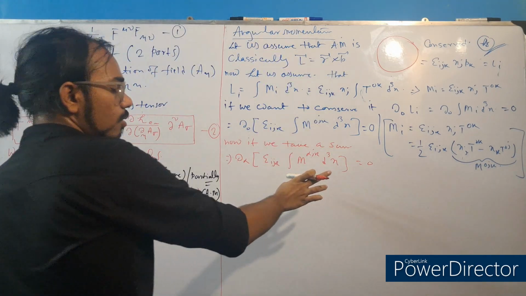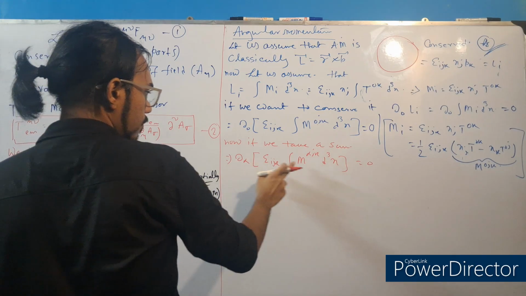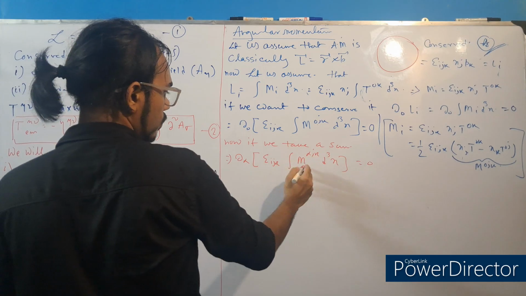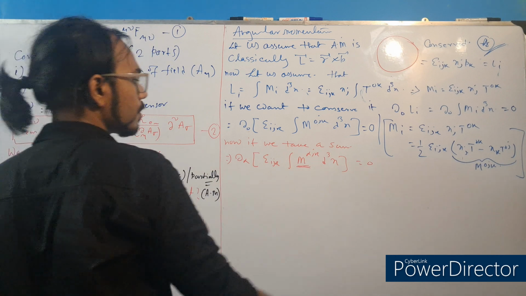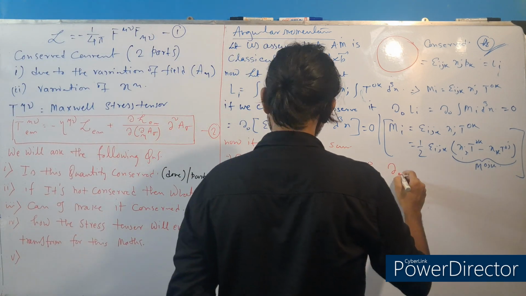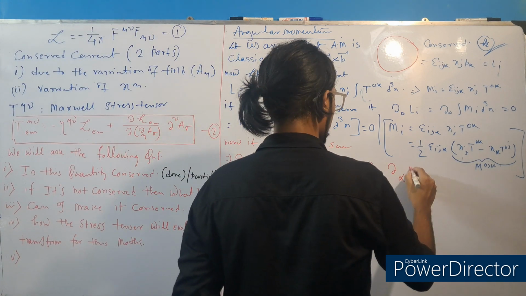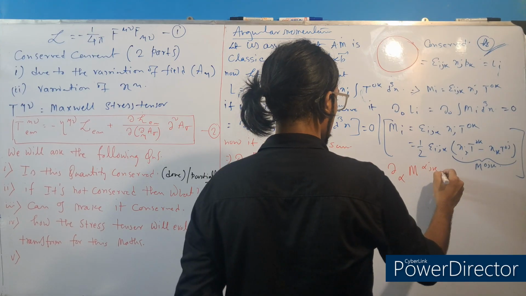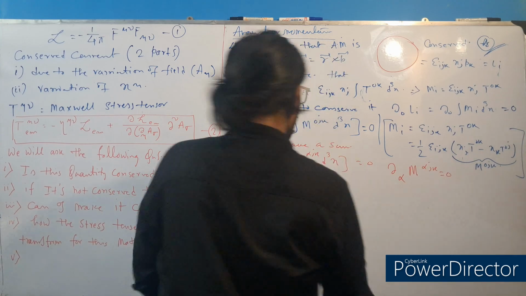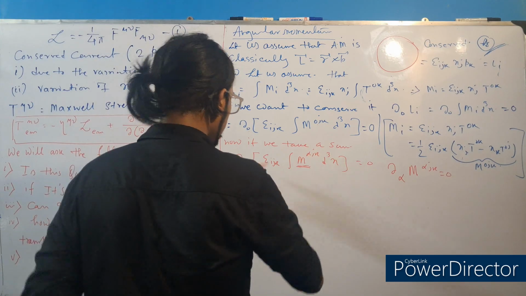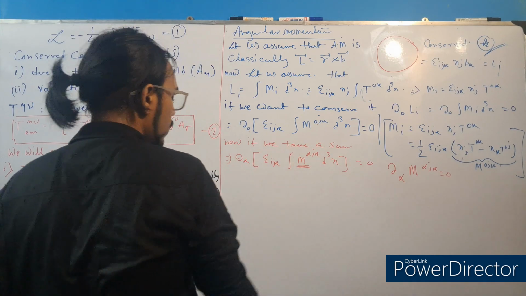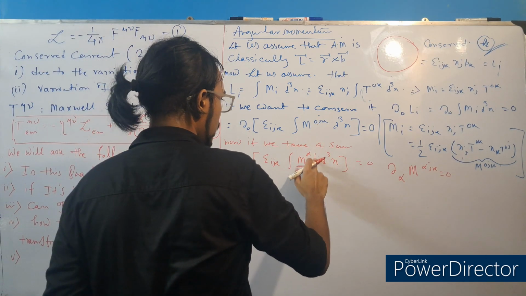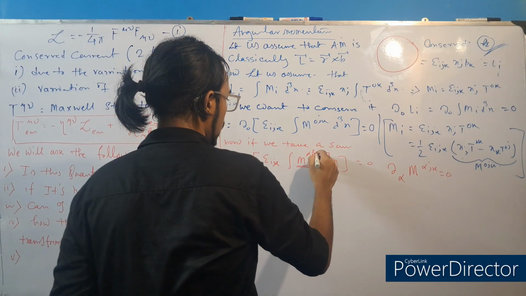Now this thing will only be 0 when del_alpha contracted over this element will give us 0. So the equation reduces to del_alpha M^{alpha jk} is equals to 0. Oh, sorry, I'm making a mistake again. If I am replacing this 0 with alpha, jk will not be here. I have to write beta and gamma.